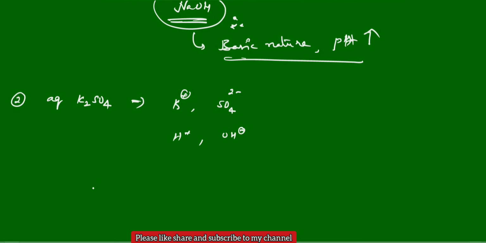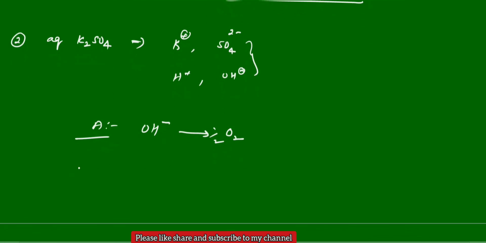Now we can check at the anode. Oxidation. Now we have sulfate and OH minus. There is a competition between sulfate and OH minus. We know that out of these two, OH minus has the lower discharge potential value. So OH minus can move towards the anode and it liberates oxygen gas.